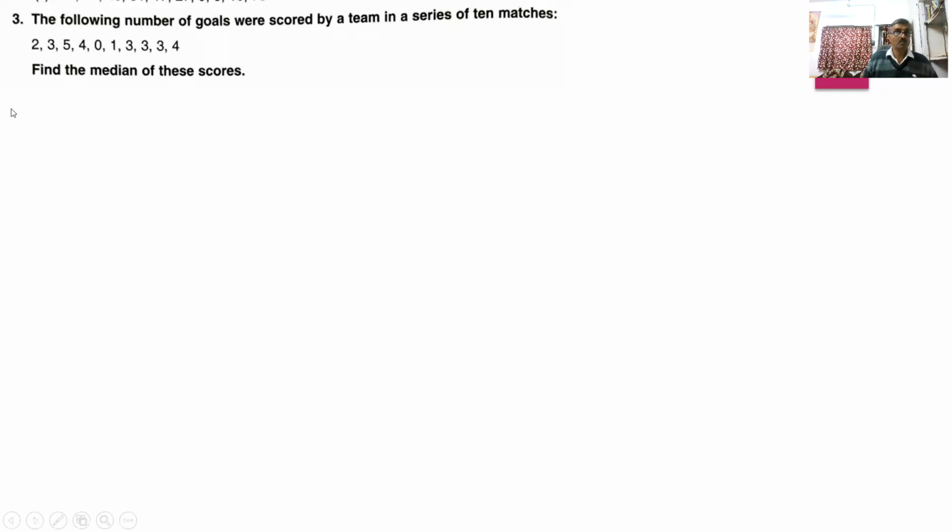Solution. First of all, we will arrange the data in ascending order. Arrange the given observations in ascending order.